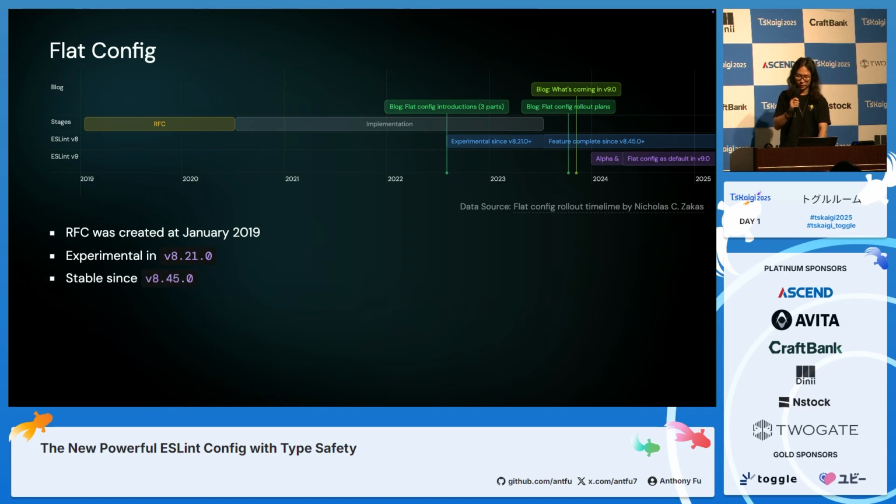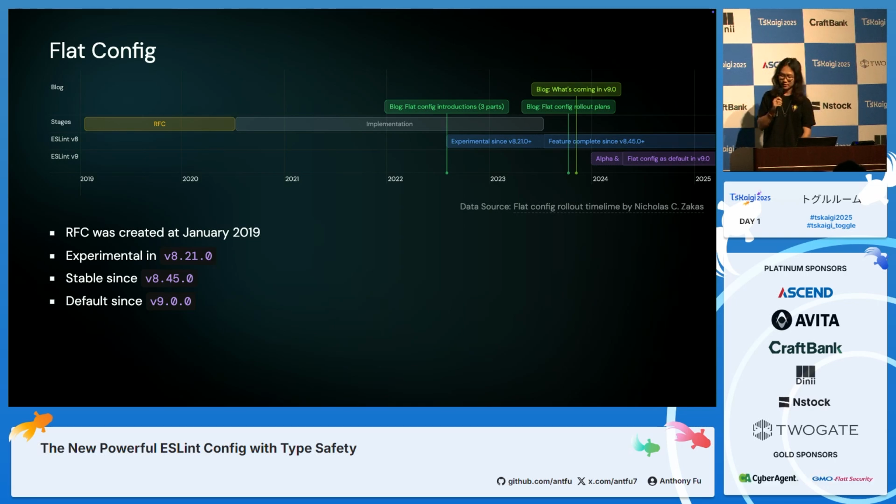It became stable in version 8.57, and then became the new default in version 9.0. In between, ESLint's team published multiple blog posts to explain the reasons why they wanted to introduce the new config and to share the roadmap for rolling it out.